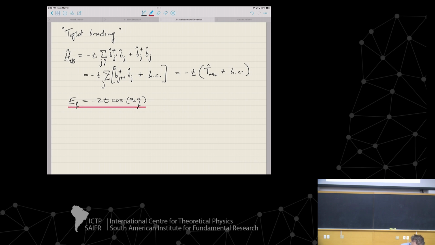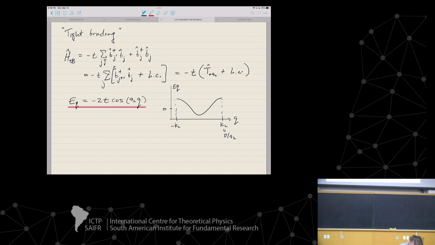So this kind of band is something you often see. What does it look like? If I want to plot the energy of the band versus quasi-momentum, I'm going to go from, again, minus KL to KL, and KL is just pi over AL. And there's a minus sign out front, so this is an inverted cosine. It looks like this, and the first band ends there.